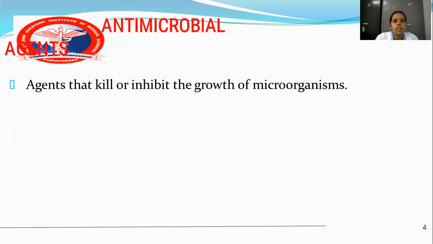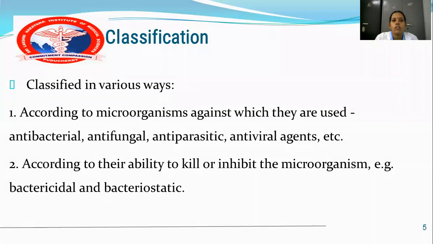Okay, antimicrobial agents: the agents that kill or inhibit the growth of microorganisms. So this is called antimicrobial agents. And what are the classifications? You can classify the antimicrobial agents in various ways.